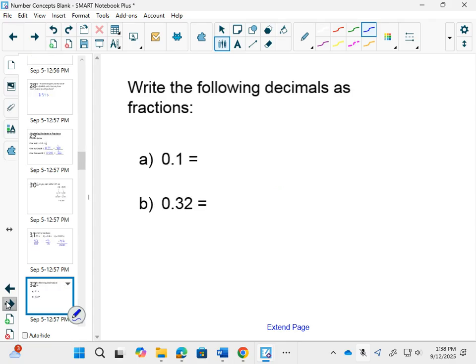Did you get 1 out of 10 on this one? And 32 out of 100 on that one.